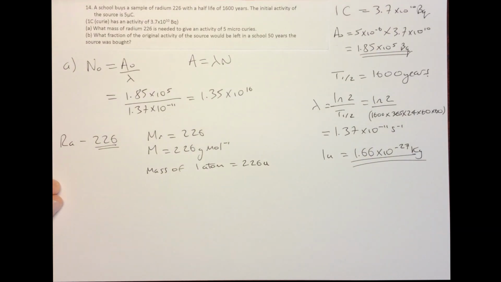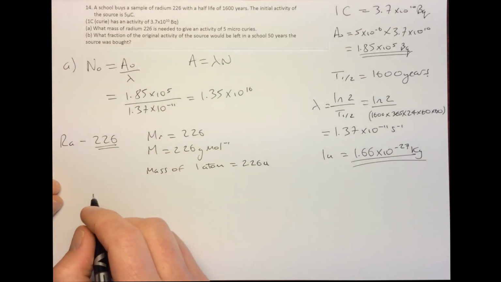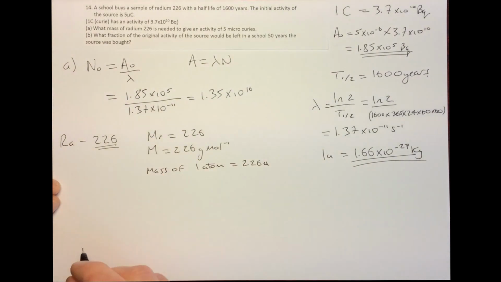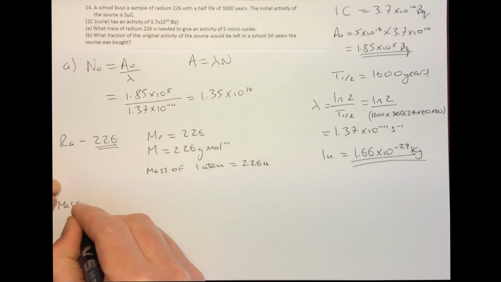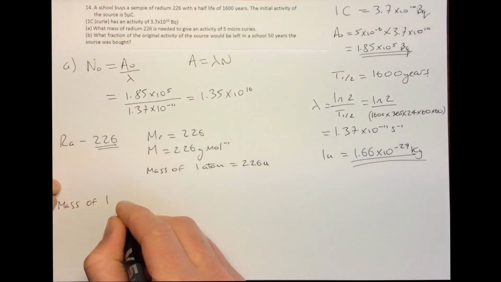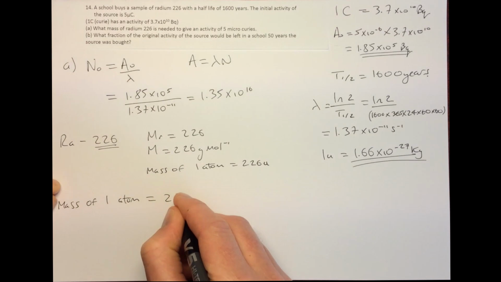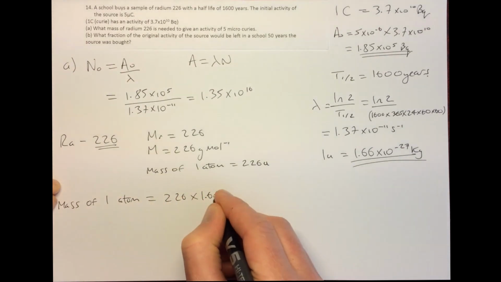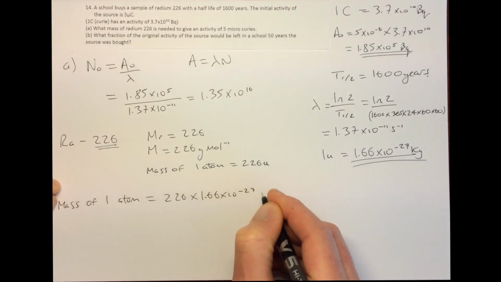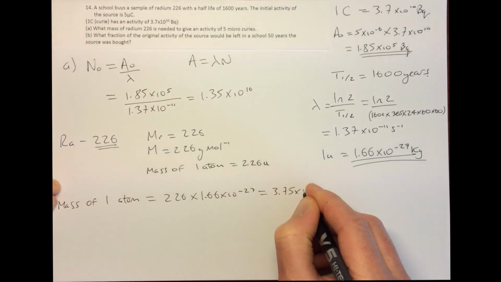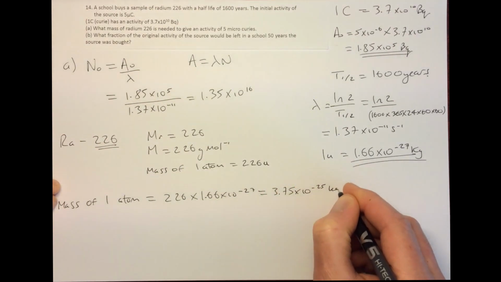Now, what we can do then is this: if we know that one atom is 226 u, then we know that one radium atom must be 226 times 1.66 times 10 to the minus 27 kilograms, which gives you 3.75 times 10 to the minus 25 kilograms.